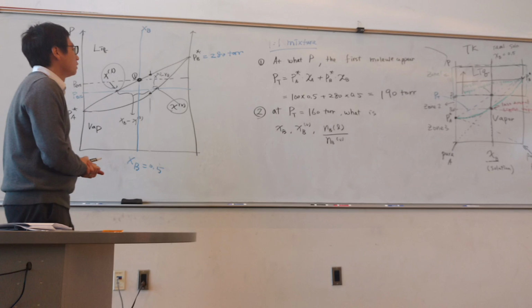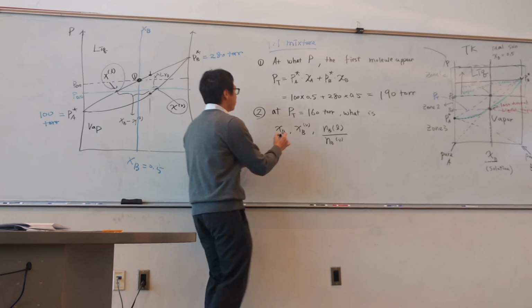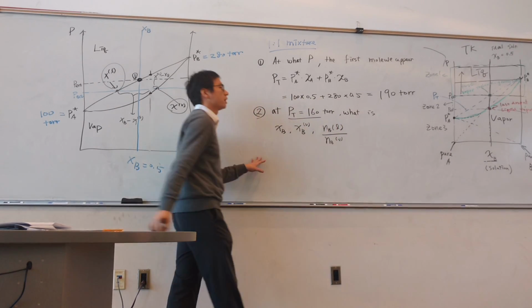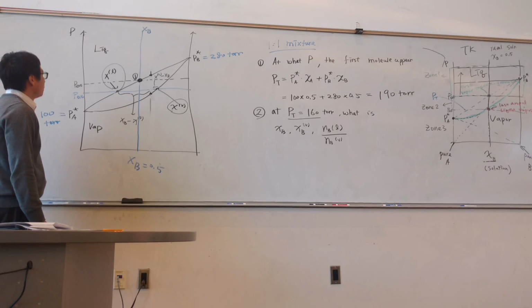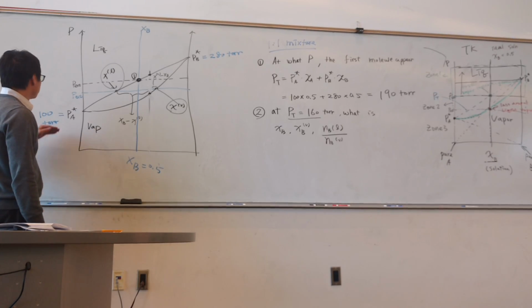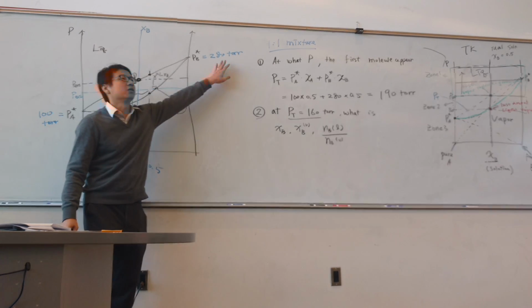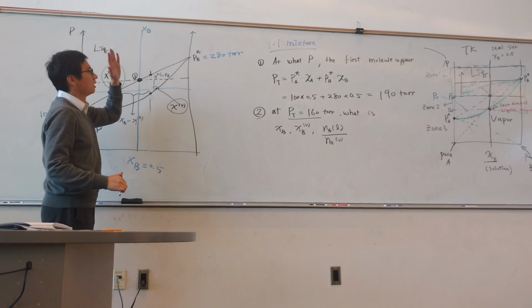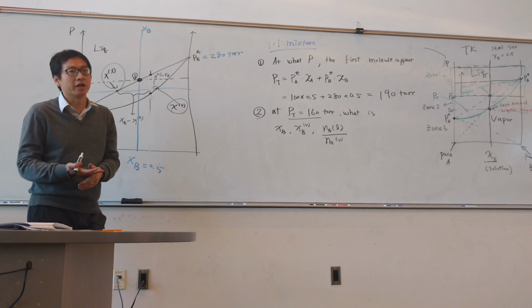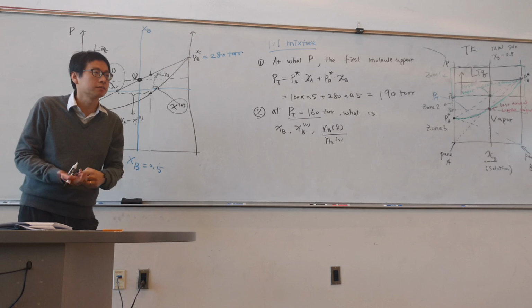First, you see the question, P total equals 164. 164 is actually between 100 and 280, right? That means most likely you have a coexistence of two phases.